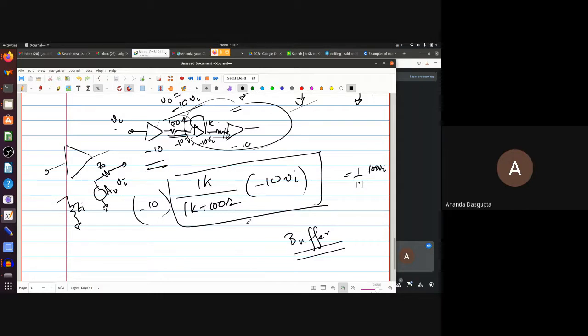The point is the gain is huge, but the gain is also rather imprecise. I think I've already discussed it in the video, but the voltage gain of an inverting amplifier will not really be minus R2 by R1. I forget exactly what the formula should be with a finite gain op-amp. I can calculate that, but you can try calculating that yourselves anyway. But most likely it will be something like this.